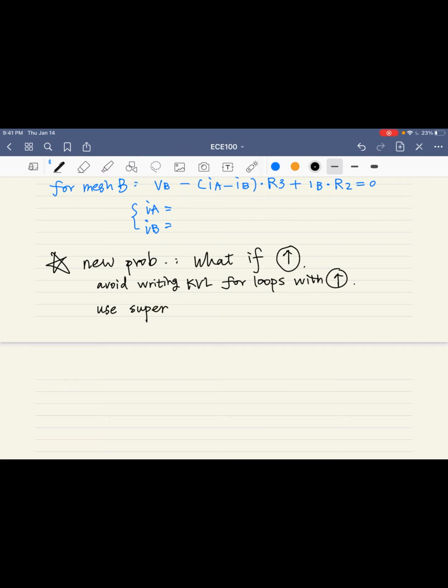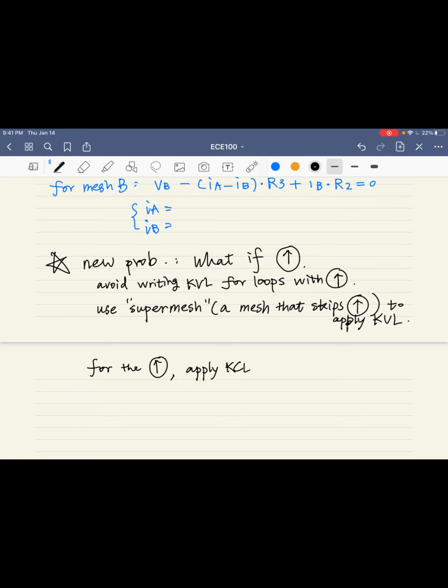Use a super mesh, or we say a mesh that skips the current source, to apply KVL. And for the current source, apply KCL at one of its ends.